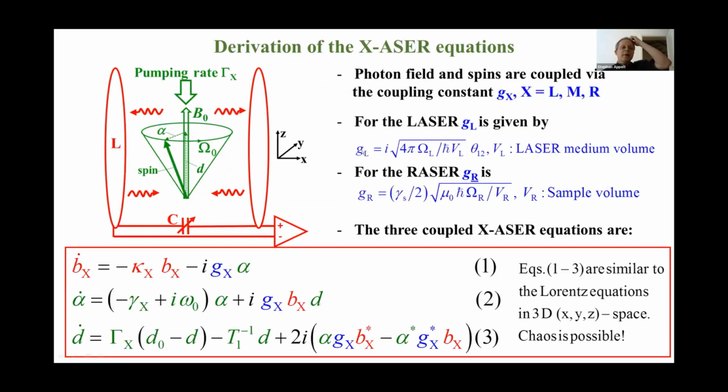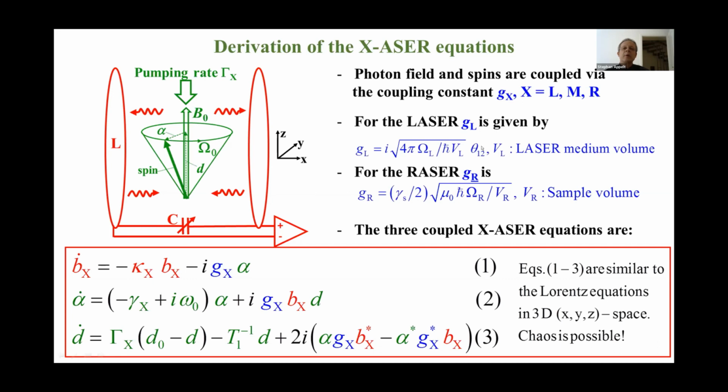So now we combine and say the spin system is coupled to this resonator. So the photon field and spins are coupled via the coupling constant g_x, and the coupling constant again is general. We can say for the laser, the coupling constant is simply the square root of the laser frequency divided by the volume of the laser times the matrix element, basically from ground state to excited state.